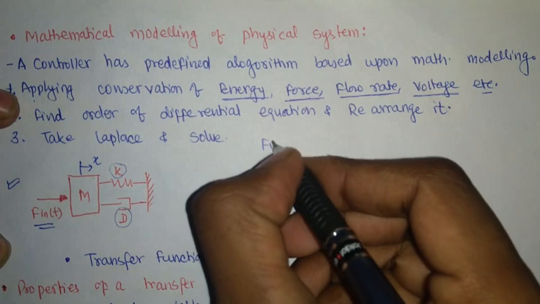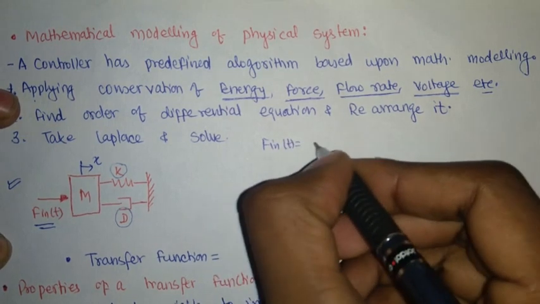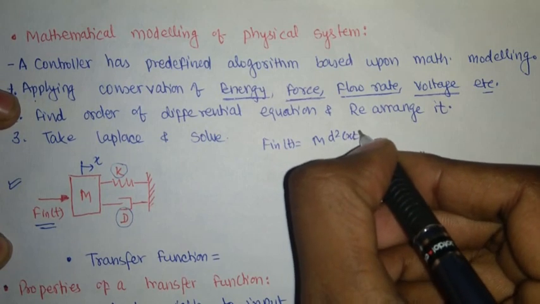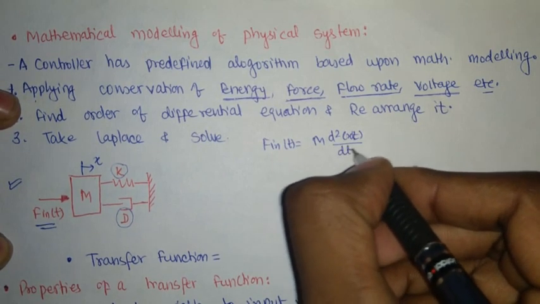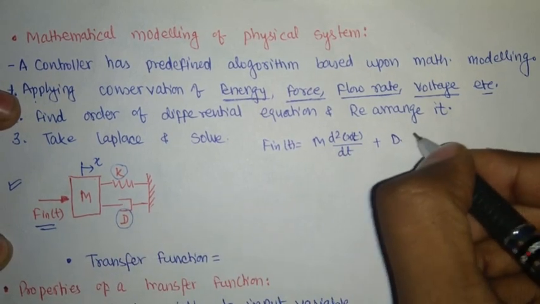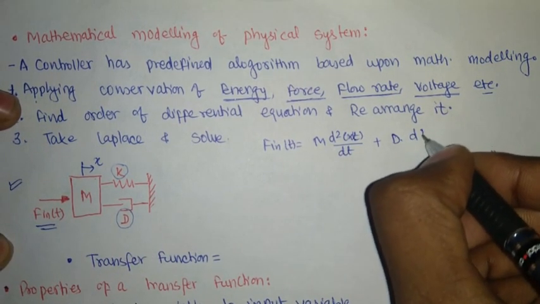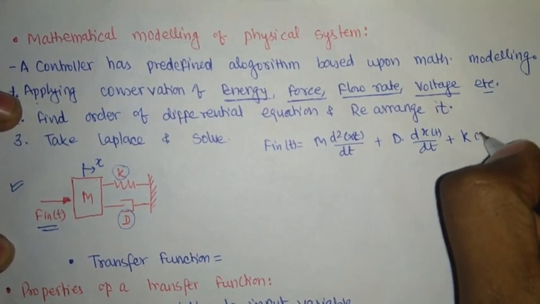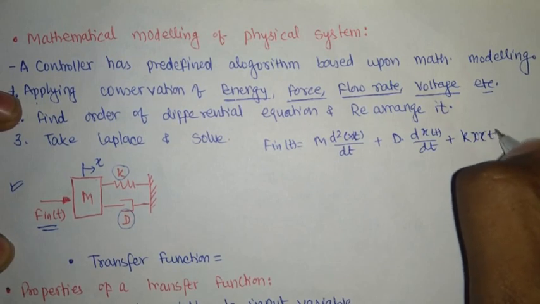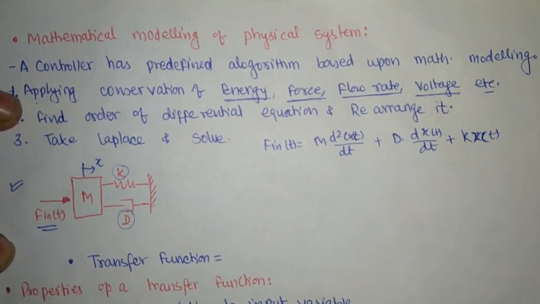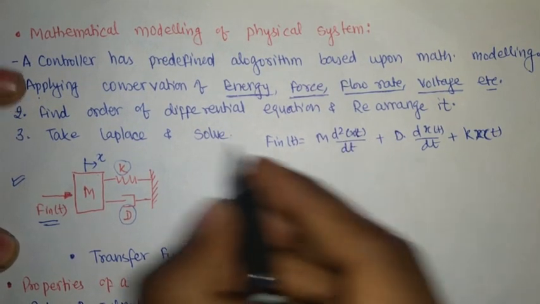So I can say my F(t) is equal to mass into acceleration, plus the damper's force, d dx by dt, plus the spring force, that is k x(t). Okay, k into x. x(t) means x is a function of time, that's all, nothing else.